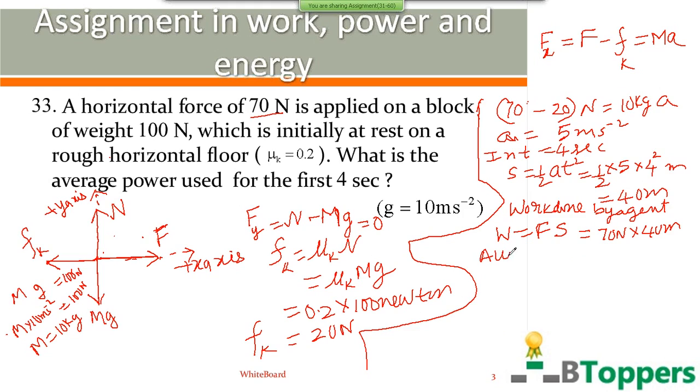So the average power delivered by the agent for the given time interval is equal to the work done by the agent divided by the time interval. The work done by the agent is 70 into 40 joules, divided by 4 seconds. So 700 watt is the answer.